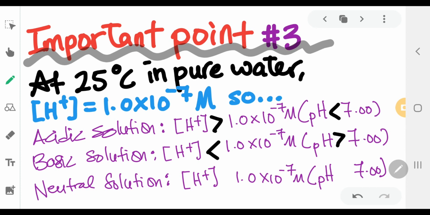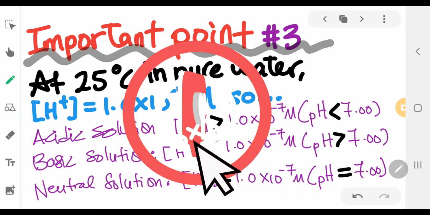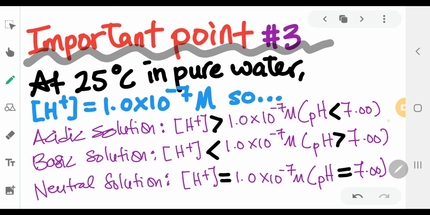And for the neutral solution, the concentration of H+ will equal 1.0 times 10 to the power of -7 molar, and the pH would be 7, which is your typical neutral pH.